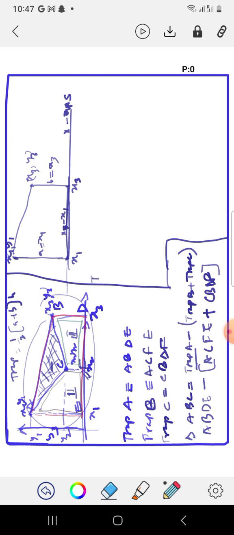So the area, trap A, is going to be x1 plus x3, the length of the standing sides, times the height, which is x3 minus x1. Maybe we should just resolve that one.